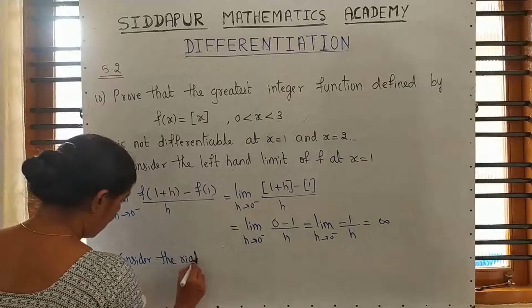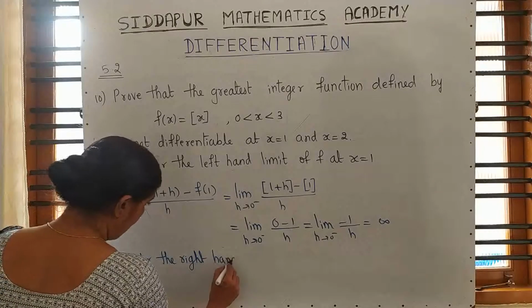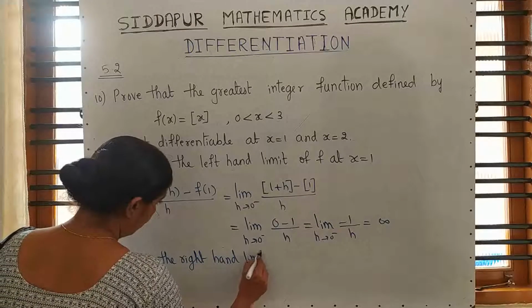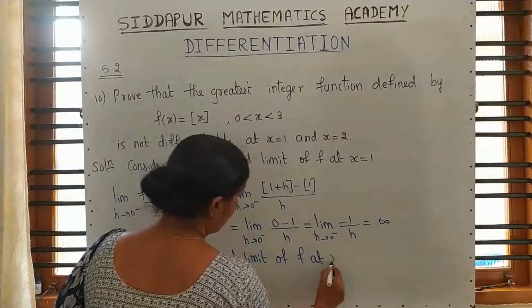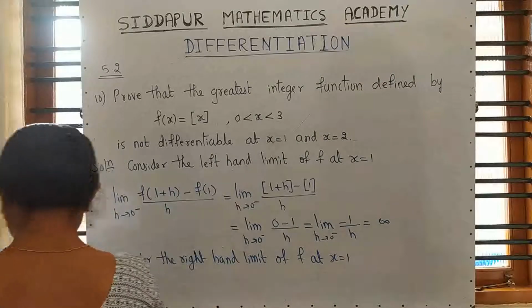Consider the right hand limit of f at x is equal to 1.